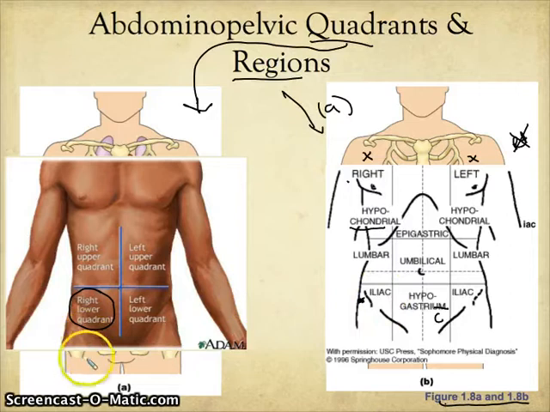So again, left lower quadrant, right lower quadrant, right upper quadrant, left upper quadrant. Quadrants, again, we're talking 4. Quad tells you 4. Regions, there's 9 of them related to structures, okay, the ribs, the back, the hips, in the center, epigastric, umbilical, hypogastric, and then again on the right side we see the repetition of the hypochondral, lumbar, and iliac.